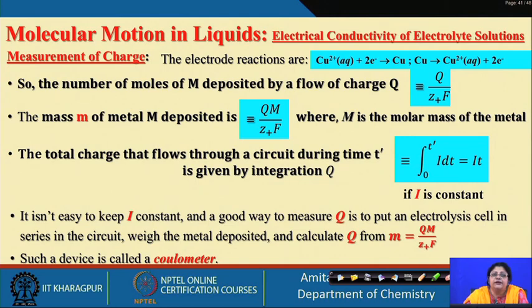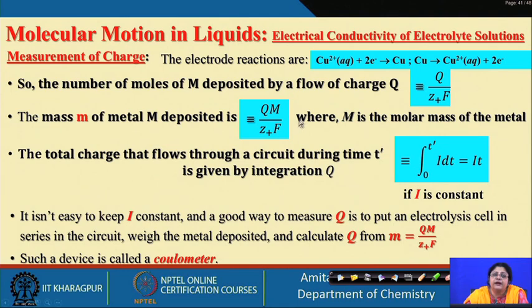Now, what we have initially talked about is that the total charge that flows through the circuit during some time interval t prime is given by the integration of the total Q. What is Q? Q equals I t. So, if I have a duration of time and want to find the total charge flowing, I take each interval of time and integrate it over the period over which the charge is flowing.